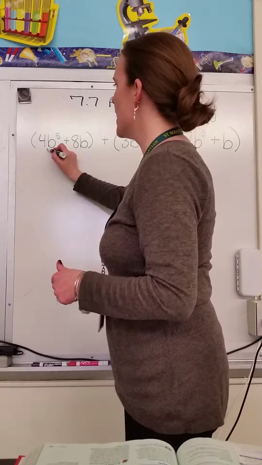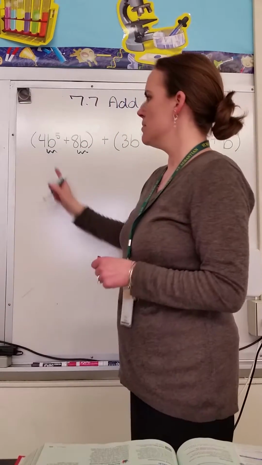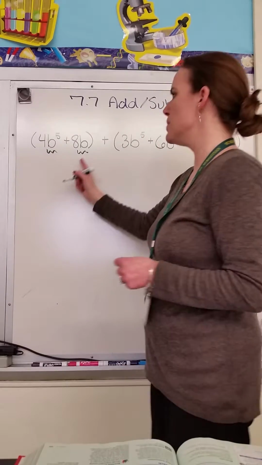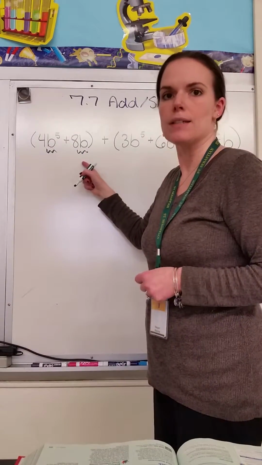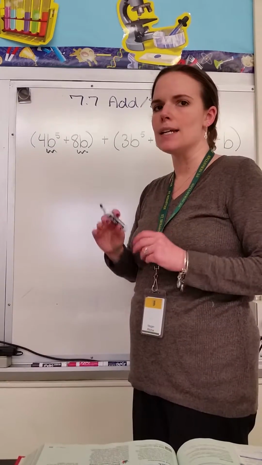Now, b to the fifth is different than just b. b to the fifth can only be combined with other b's to the fifth, and b can only be combined with other b's. So the variable matters, and if the exponent's different, then it is different.